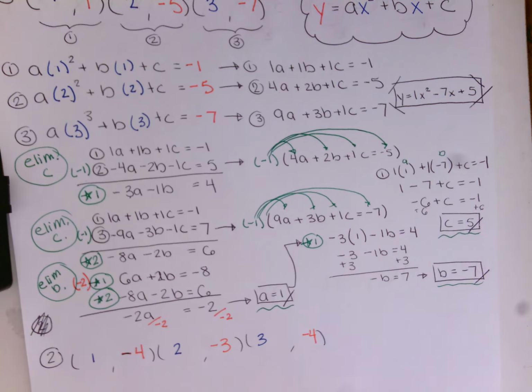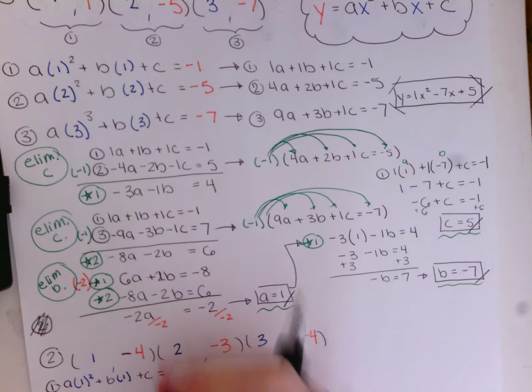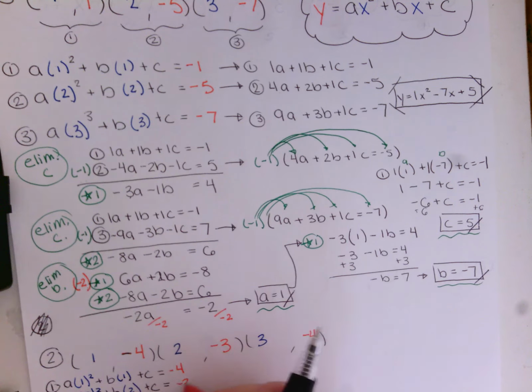Okay, so my equations for 1 and 2 and 3 will be ax squared plus bx plus c equals y.